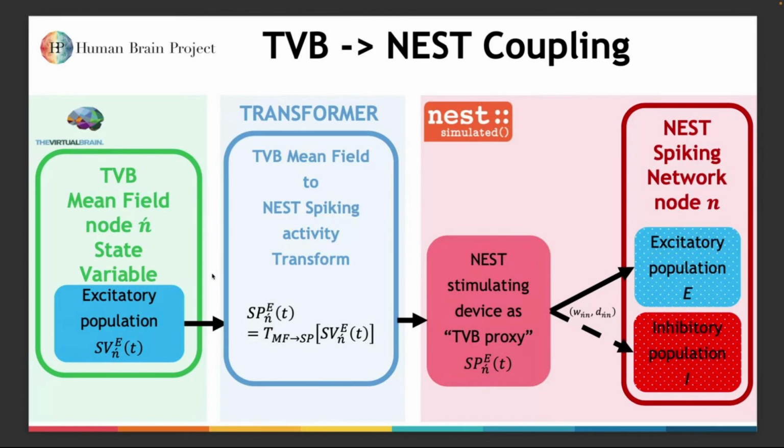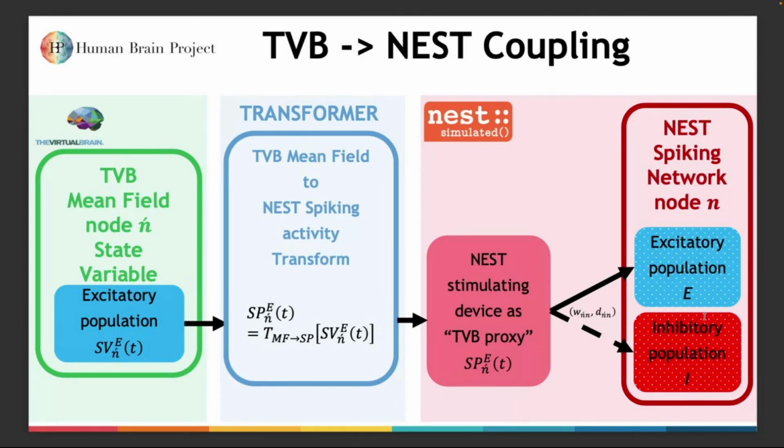So for every node N prime of TVB, we need to have a representation of that node inside the spiking network, what we call a TVB proxy, that mimics the activity of the mean field, only now generated as individual neuron activity, and stimulates with that the spiking regions N that are modeled as spiking populations.